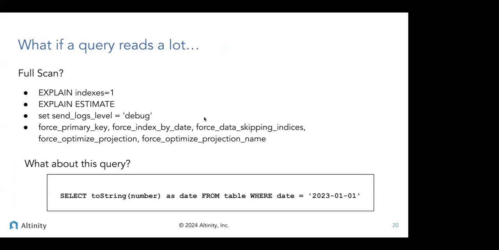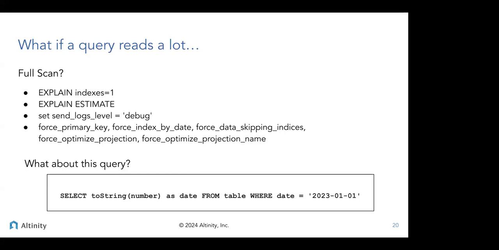If your query reads a lot of data, so if you have too much I/O, what can be the problem? Most probably the query is just doing a full scan. People who start using ClickHouse often do full scans without being aware of it.